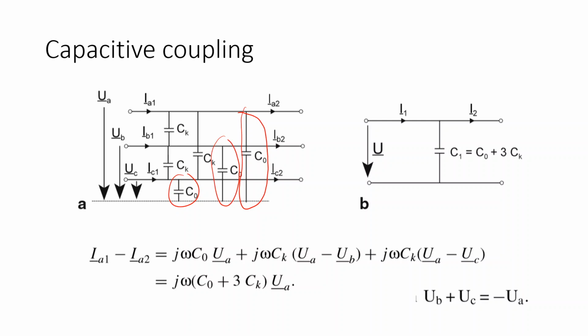If you have the coupling effect, your capacitance will increase by 3 times, the 3 CK. These are due to the coupling. Okay, and I think that is just a quick review. We will touch on this when you learn the transmission line chapter, right?